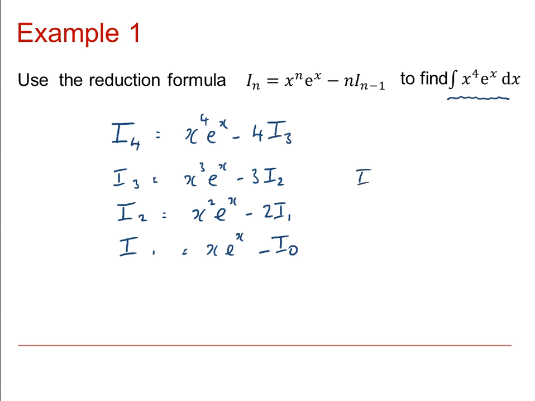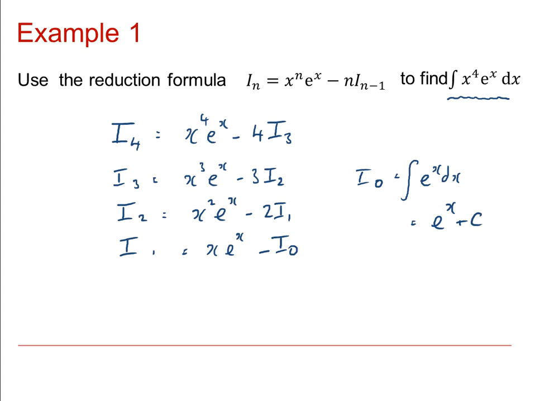Well, I0 will be equal to the integral of x to the power 0, which is 1, and then e to the x dx. Of course, that is equal to e to the x plus constant of integration.